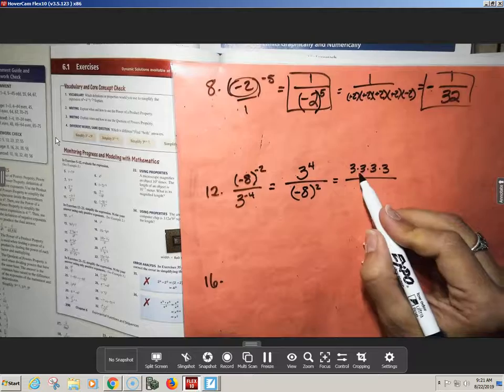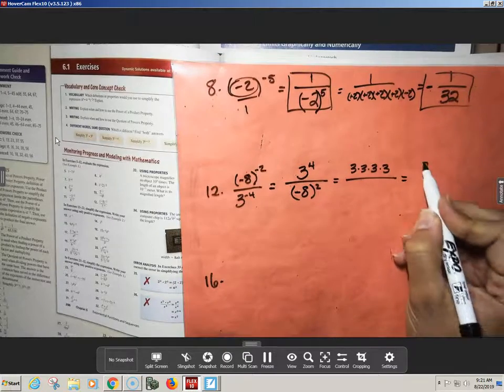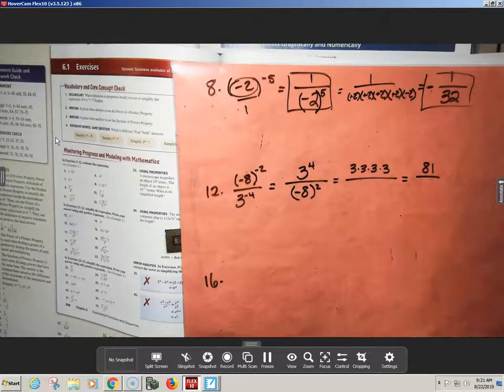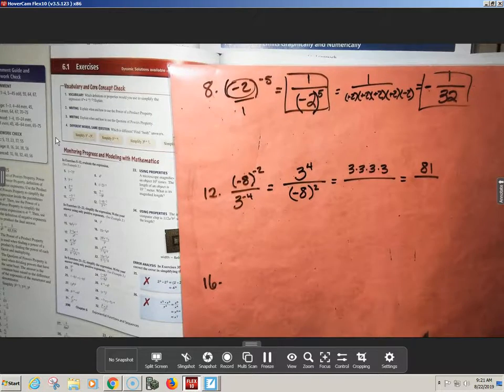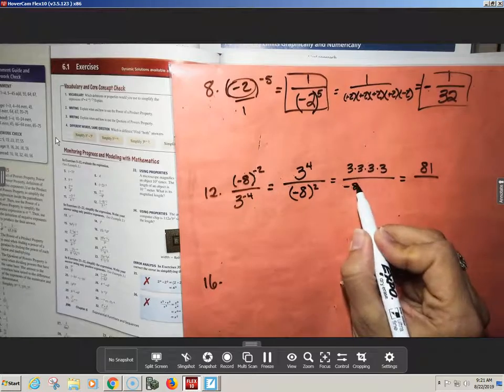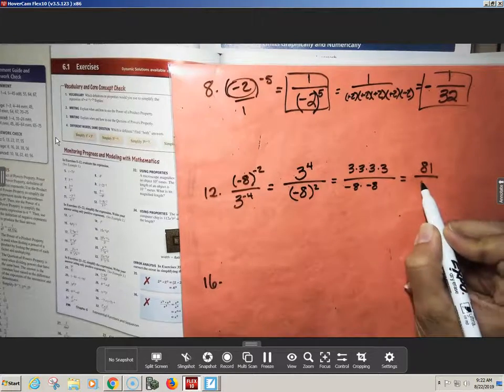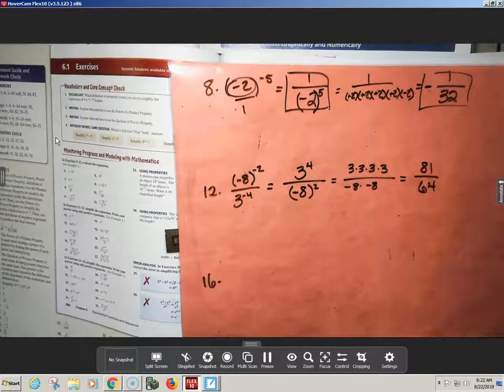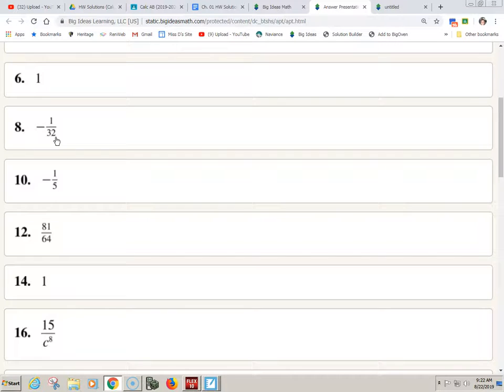Maybe you would have gotten 9 times 9 is 81. Others of you, I'm okay if you use your calculator for these sorts of things. And then -8 times -8. We should know that one though, right? +64. But if we check out that answer, if it was possible to reduce, they would have reduced it.